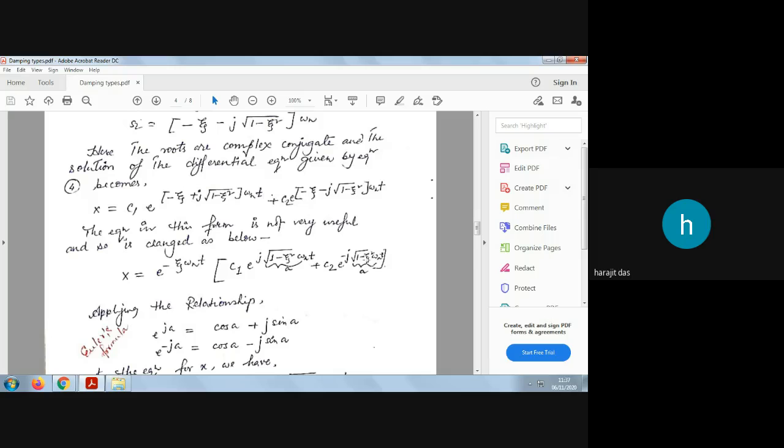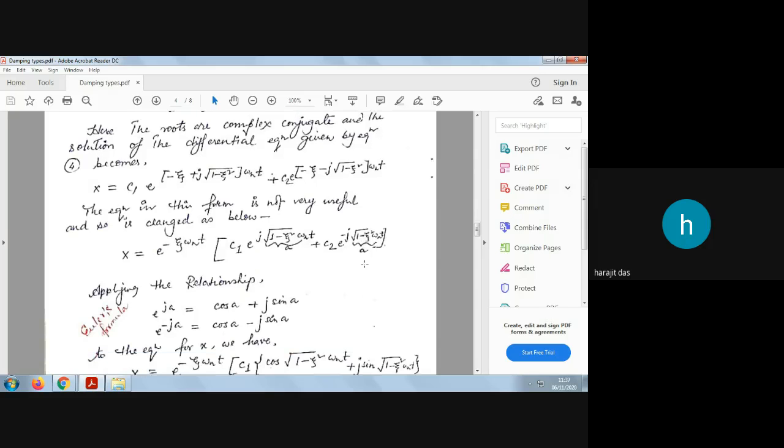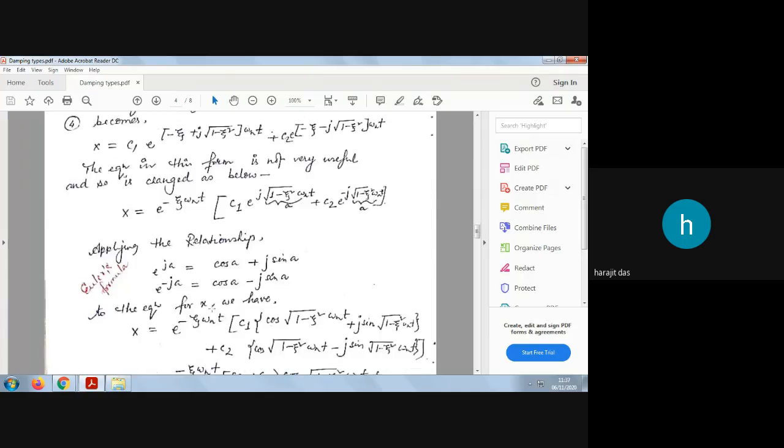Now we apply Euler's formula. e to the power j a equals cos a plus j sin a, and e to the power minus j a equals cos a minus j sin a.